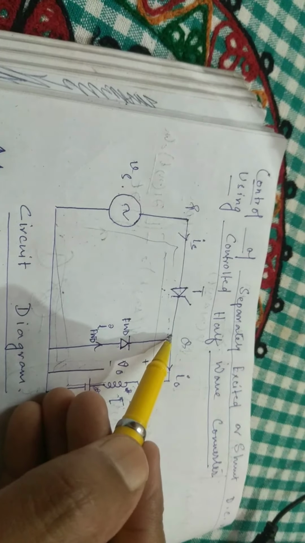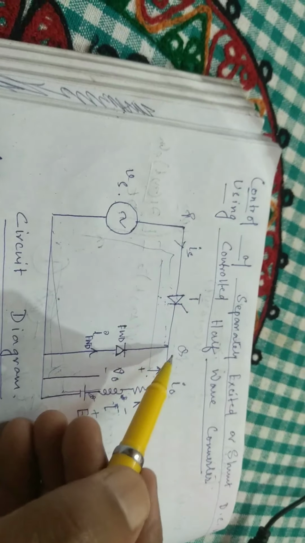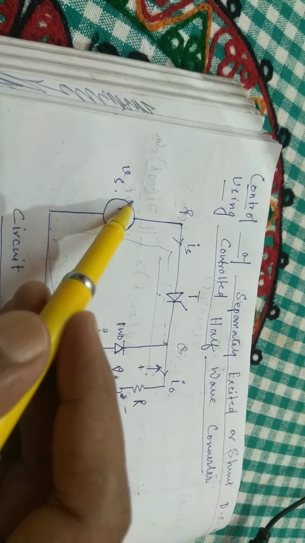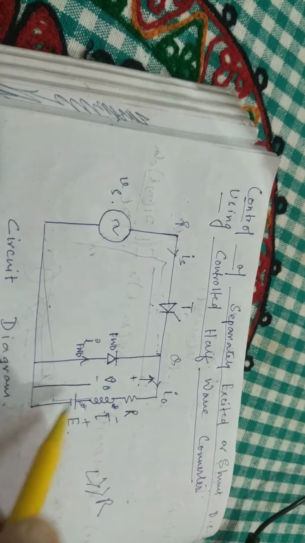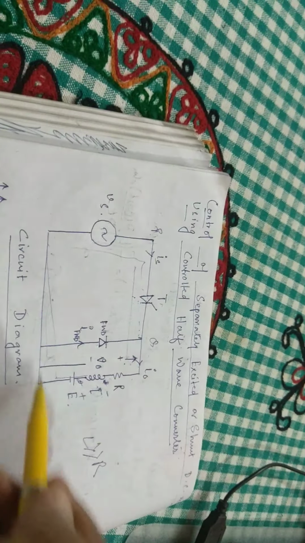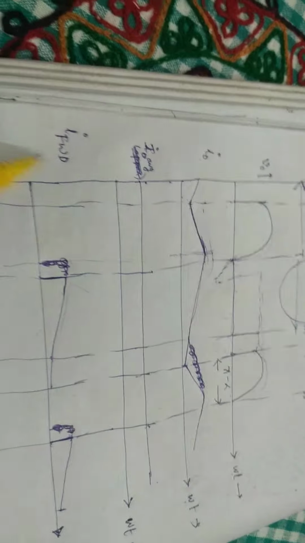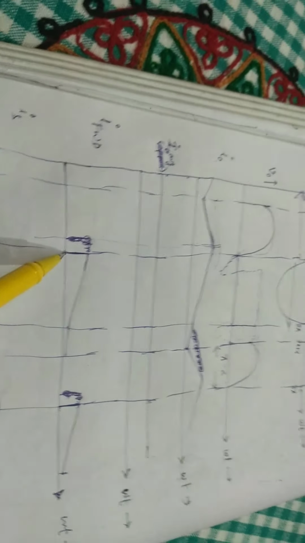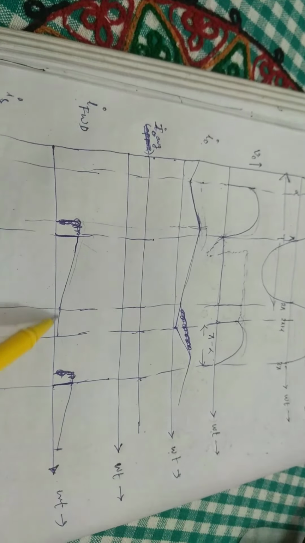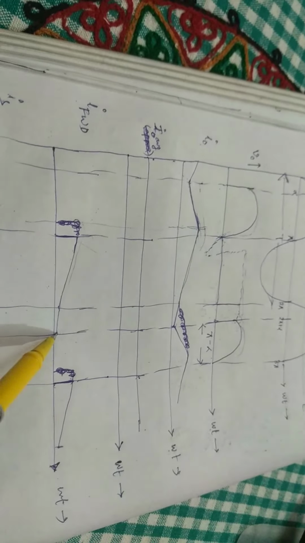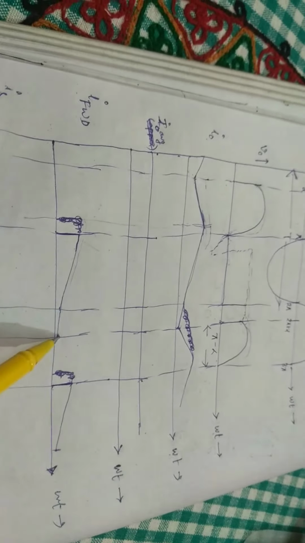At pi this is negative so it becomes reverse biased, this is positive so it becomes forward biased, and this freewheeling diode starts conducting from pi. So we can see this is IFWD. From pi it has started to conduct and will conduct till the thyristor T is again triggered.